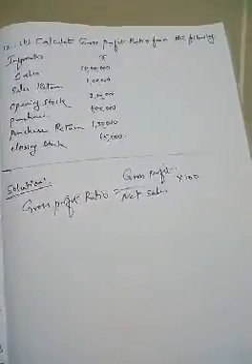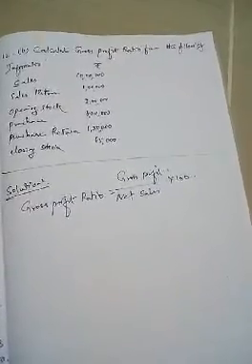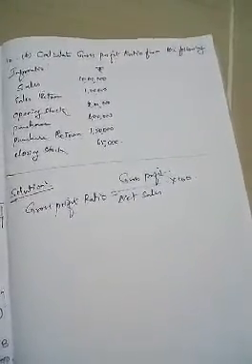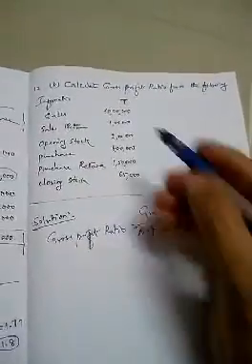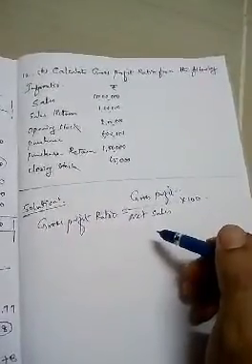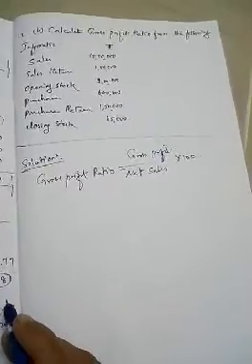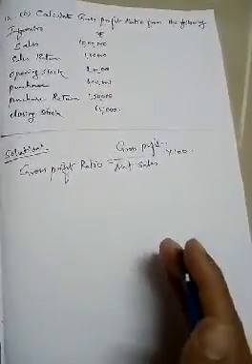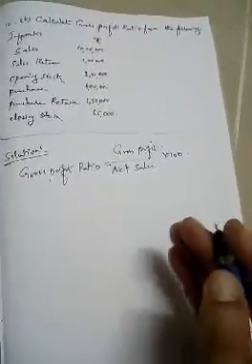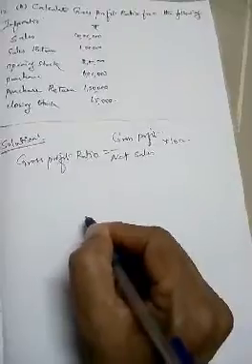Gross profit ratio equals gross profit divided by net sales into 100. Now we have to see that in the problem no gross profit is given. So first we have to calculate the gross profit. How can you find out gross profit? In a simple manner, prepare a trading account, where you can simply get the gross profit.